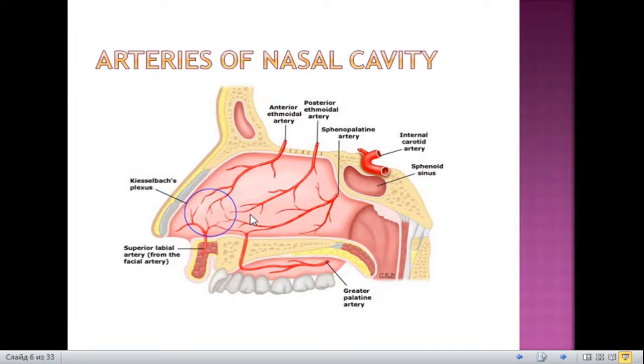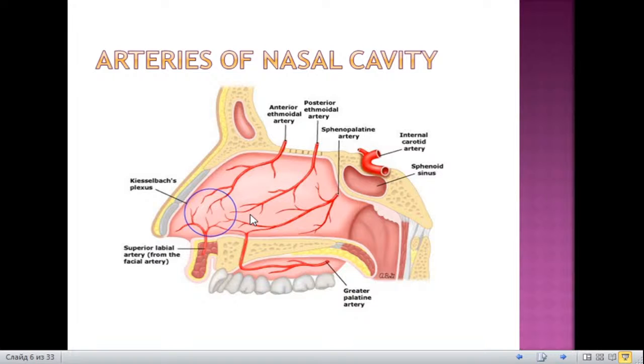And one more anastomosis between the external and internal carotid arteries. It is also related to the nasal cavity, but it is not shown here on this picture. That is the anastomosis between the dorsal nasal artery, which is a terminal branch of the ophthalmic artery from the system of the internal carotid, and the angular artery, which is a terminal branch of the facial artery from the system of the external carotid.